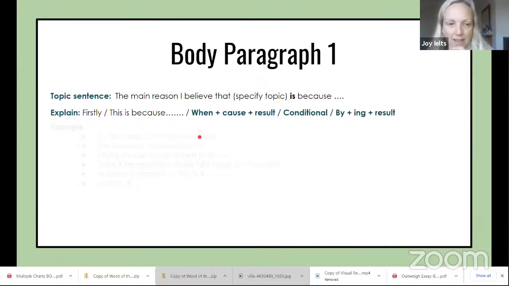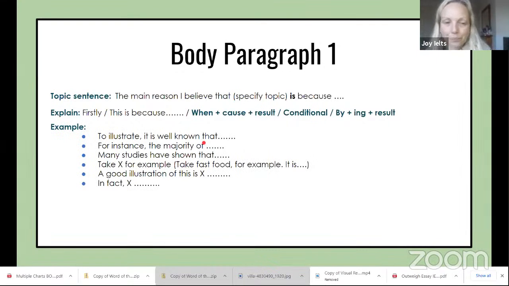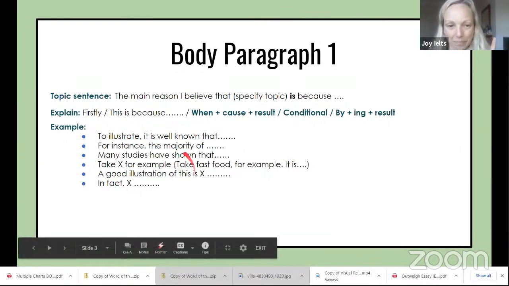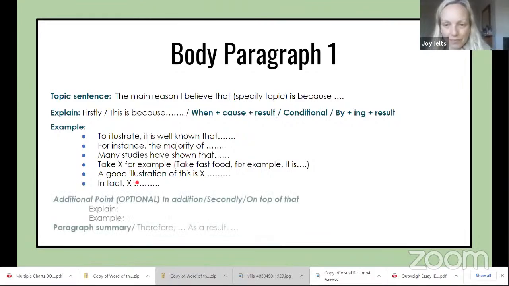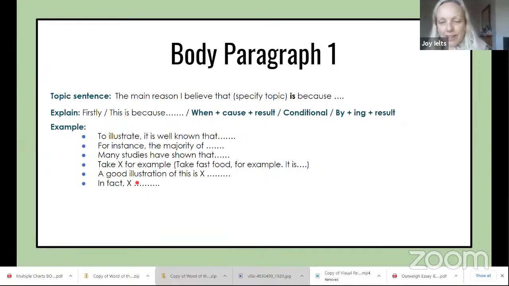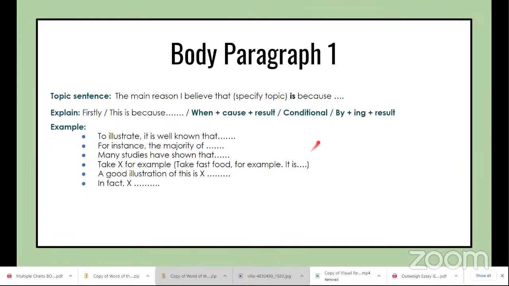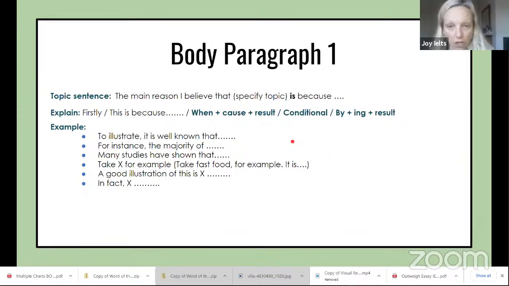After you explain, you can then give an example. Now, here are some example phrases. Remember, we don't create false statistics, no fake statistics. We keep it general.